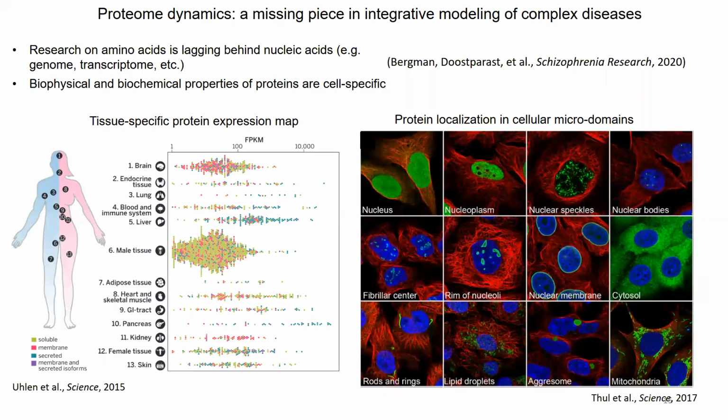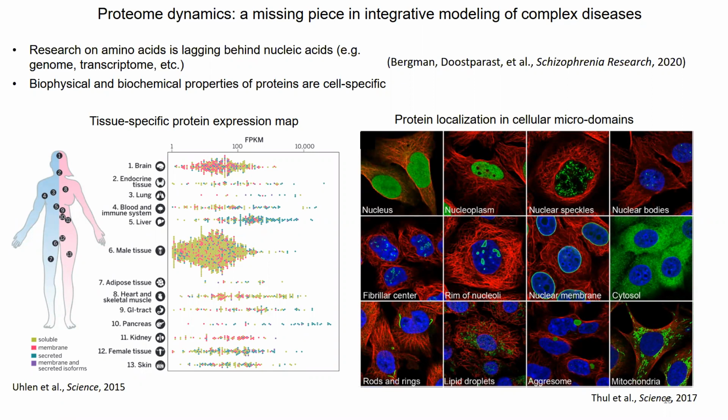Now, while we are well aware of how genetic risk factors can differently affect distinct tissues or cell types, some critical questions remain unanswered. One important point is proteomics and its dynamics. In fact, amino acid research has been lagging behind nucleic acids, such as genome and transcriptome.